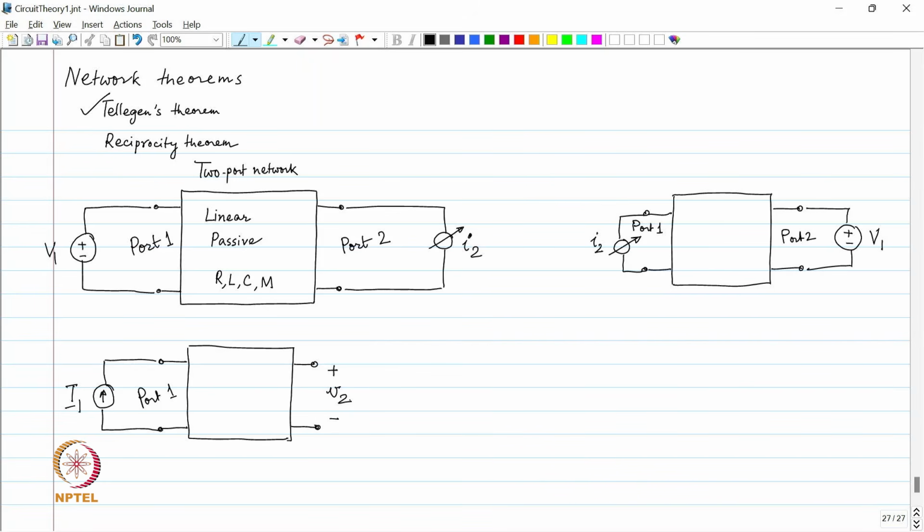A voltmeter is open circuit. So, with a voltmeter I check the voltage across port 2 and I find that it is V2. Then the theorem says that now if I apply the same current source I1 at port 2 instead of port 1, then I will measure exactly the same voltage V2 at port 1.